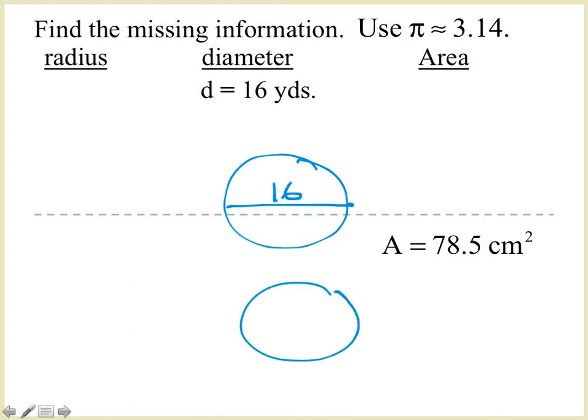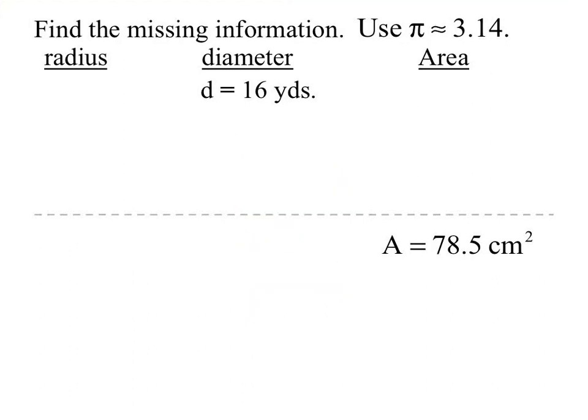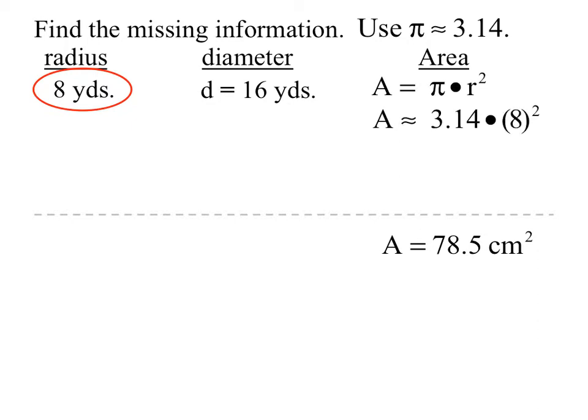Now I want you to remember that the radius is half of that. So I would divide it by 2, and what I get is my radius of 8. Once I know my radius of 8, I can use the formula area equals pi r squared, substitute my 8 in, square it, and then multiply it by pi. And we get 200.96 square yards.